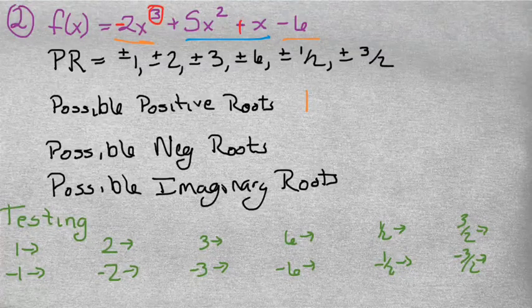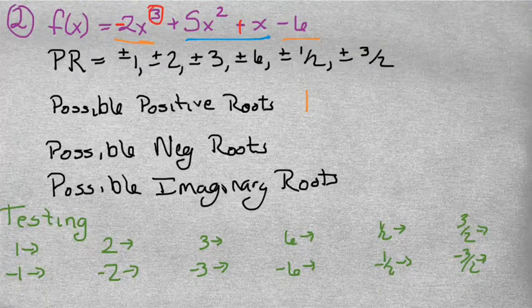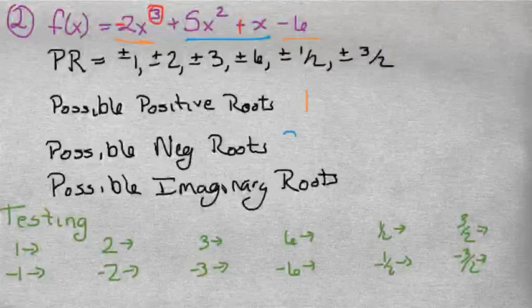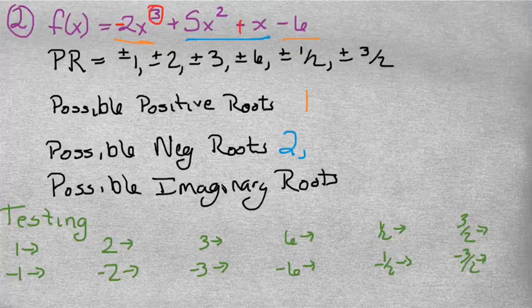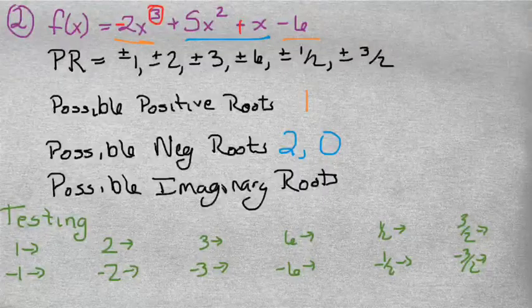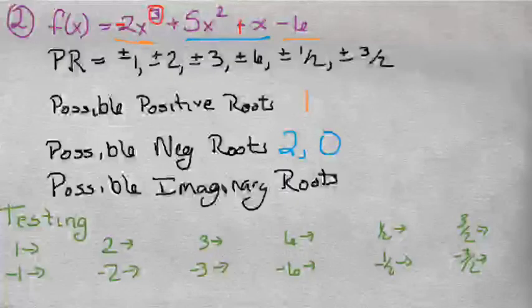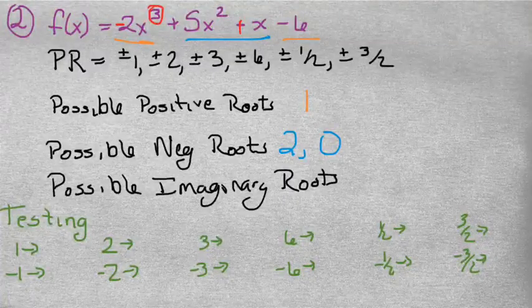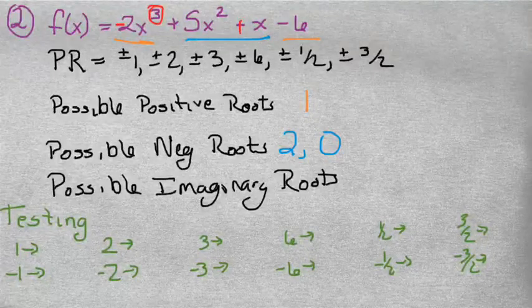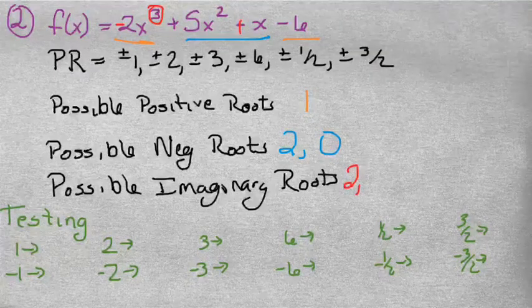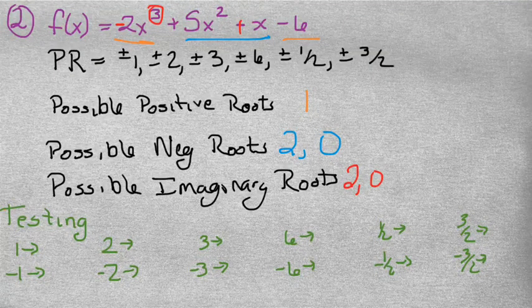So I had two sign changes, and so I count down to 0. Based upon our power, we have to go down to the even number right below it. So we have 2 or 0 imaginary roots.